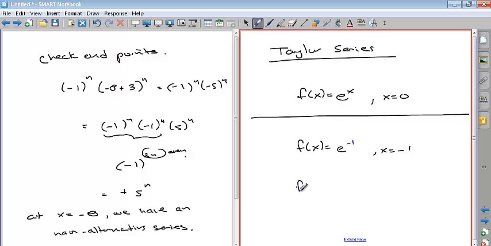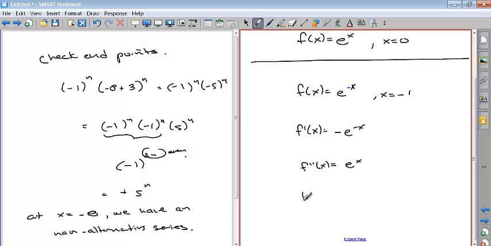So the derivative of e to the -x would be negative e to the -x, and then f double prime of x would be equal to, you take -1. Using the chain rule, you get another negative, so then you get positive e to the -x, and then you take the third derivative, and you get negative e to the -x, and then you take the fourth derivative, and you get e to the -x.